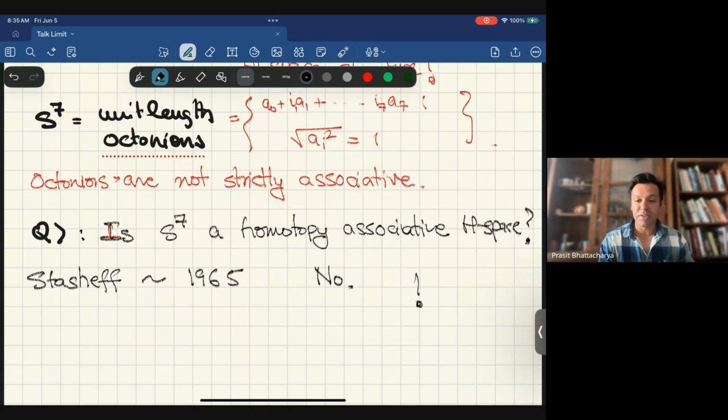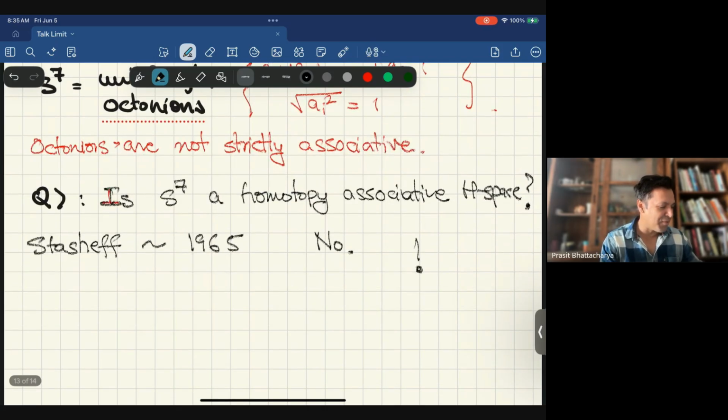Okay, so let me tell you a consequence of this. Have you all heard about projective spaces, real projective spaces? Okay, so if you have heard about real projective spaces, then you have heard about complex projective spaces as well. So you can define things like RP2, RP3, and you can keep going up to RP infinity. Similarly, you can do CP1, CP2. CP1 is just a two sphere, then you have CP2.